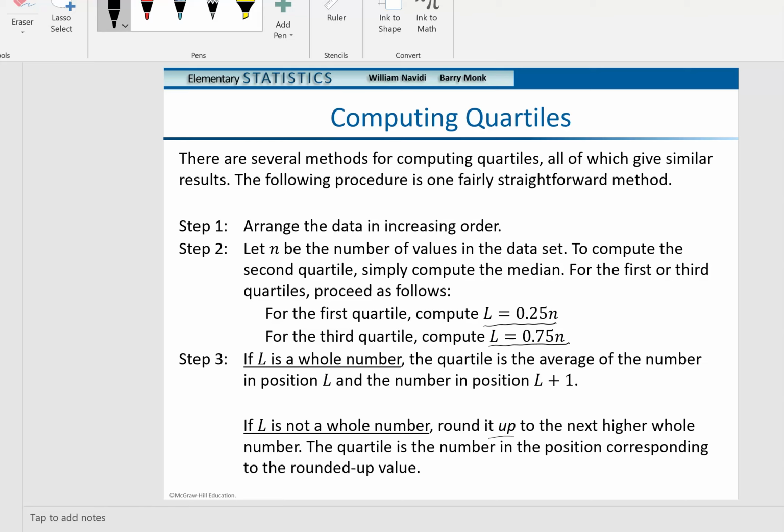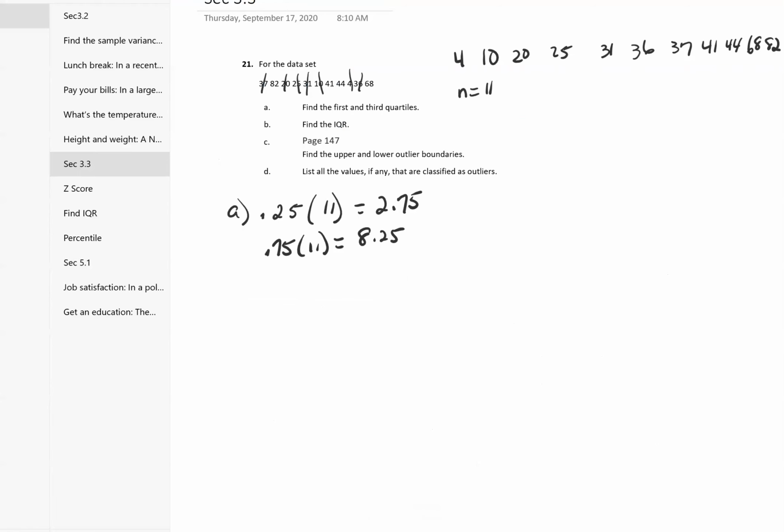It's rounded up to the next higher whole number, and the quartile is the number in that position. All right, so I have to round up. So this is going to round up to 3. This is going to round up to 9. So again, you're rounding up.